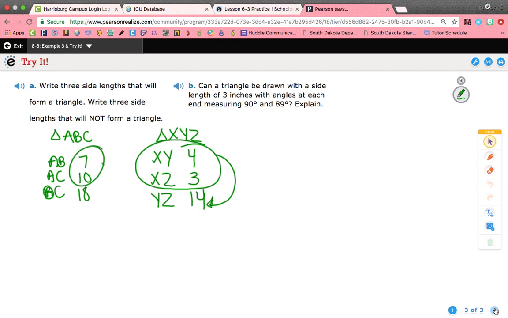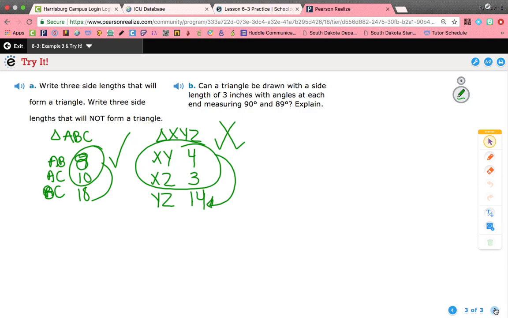However, these ones add to be, oh, lame, can't do it either. See, everyone messes up. 10 and 8 can add to be 18, so it can, sorry guys, everyone makes mistakes. I found my mistake though, that's the biggest thing. But this one will not form a triangle because 4 plus 3 is not greater than 14.